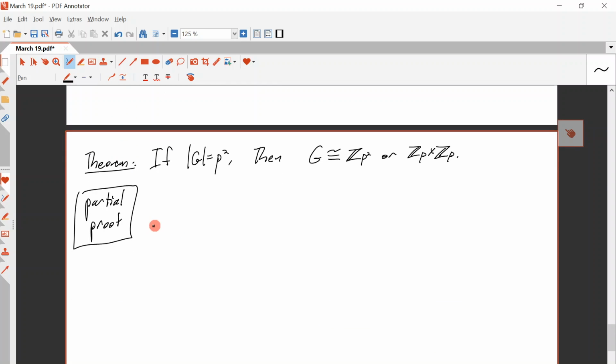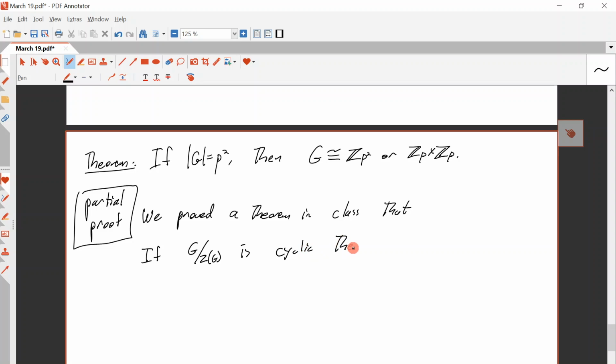Okay, partial proof. We proved the theorem in class that if G mod the center of G is cyclic, then G is abelian.